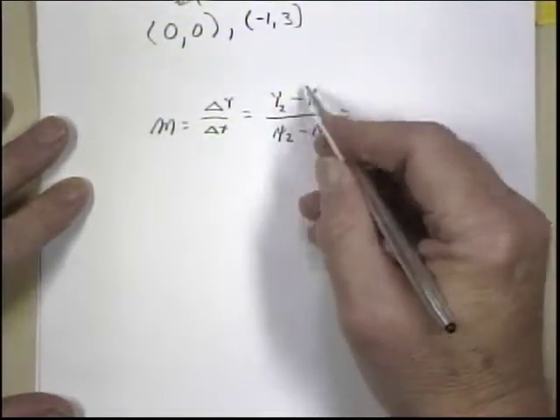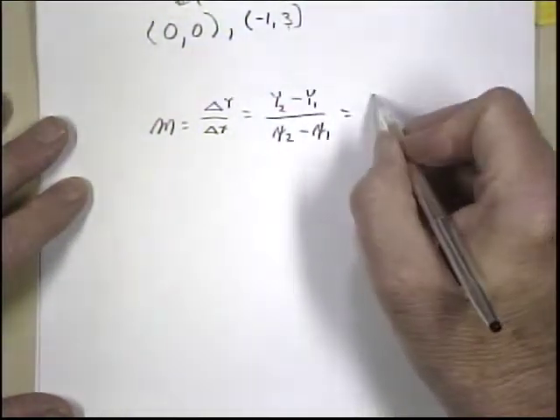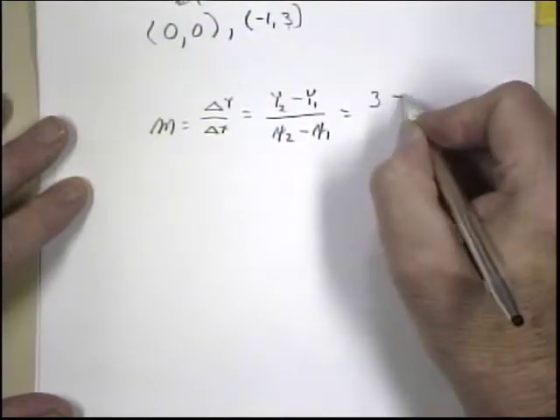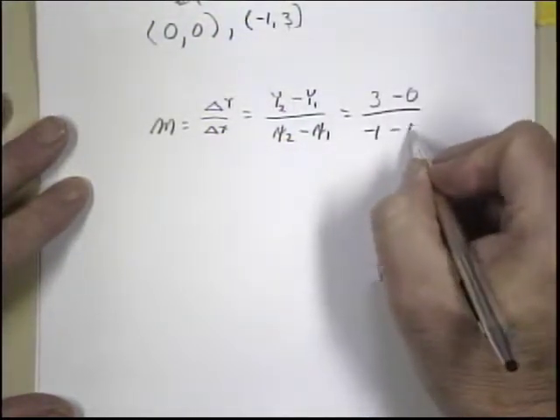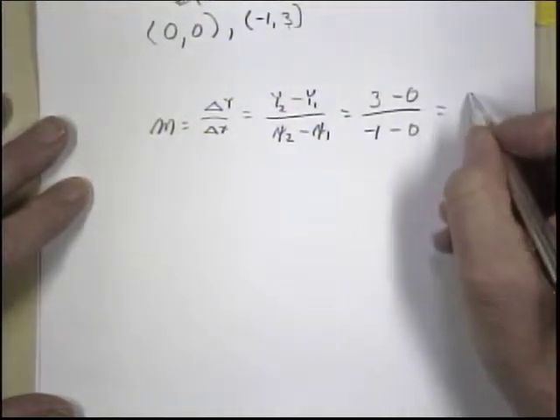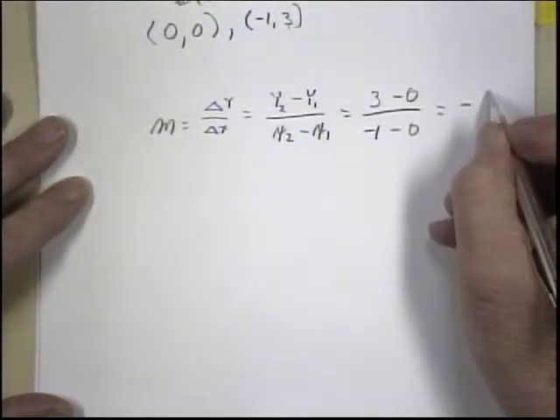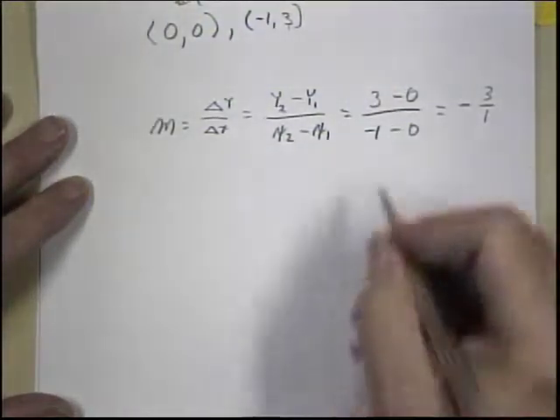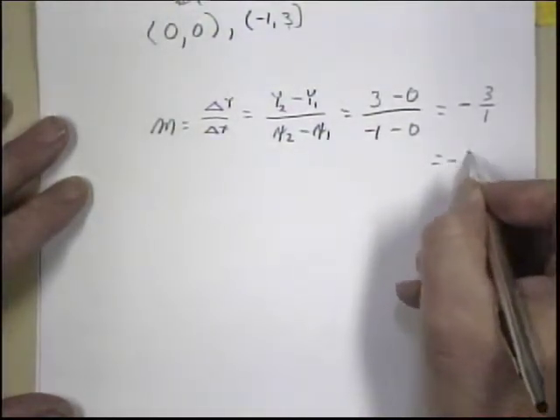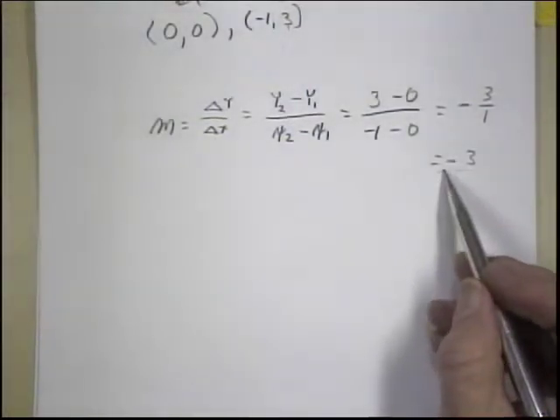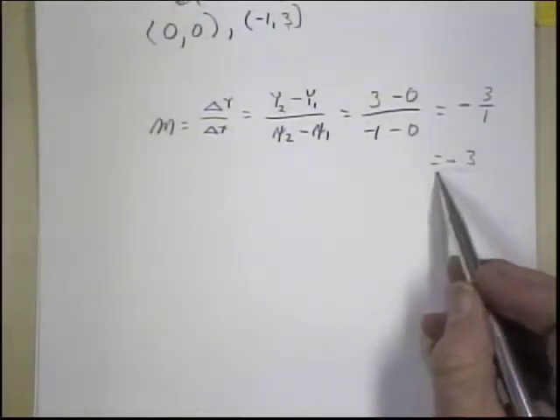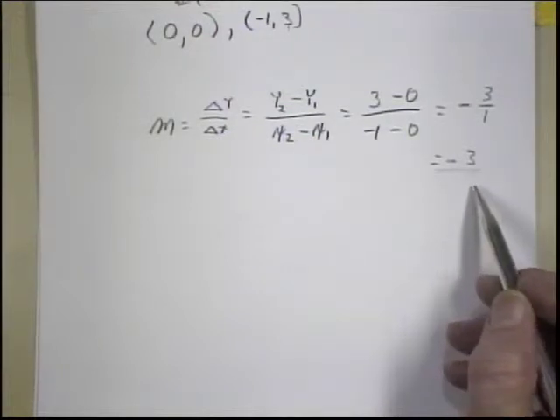So this would be the y value, which is 3 minus 0, over 1 minus 0. So the slope here is 3 over 1, which you could write as just 3, because whenever you have just a number, we automatically know that the denominator is 1.